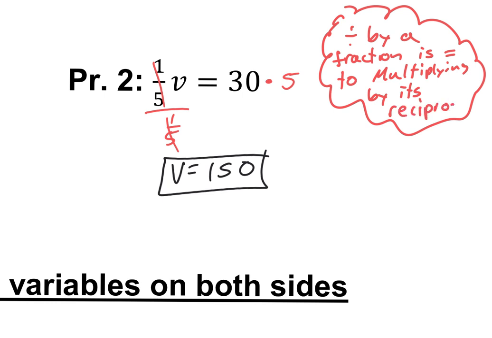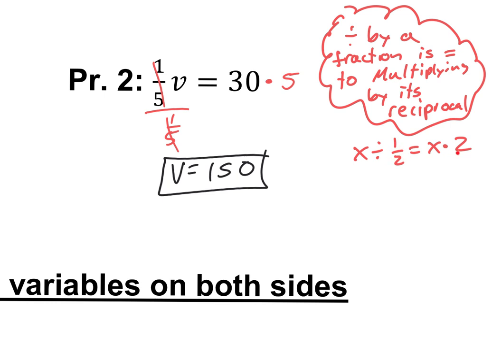This is a rule in math that's very, very useful. What do I mean by that? Well, let's say I had x divided by 1/2. That is the same thing as saying x times 2, because the reciprocal of 1/2 is 2. You literally just flip it.